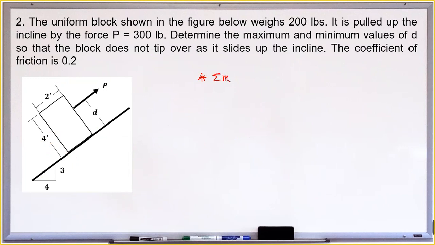So summation moment at B. Okay? So diri ana at point B. Again, center of gravity. This is REF and W sine of theta.